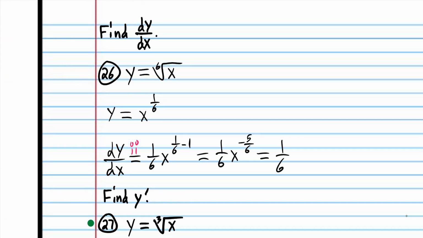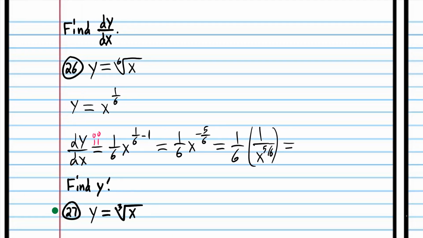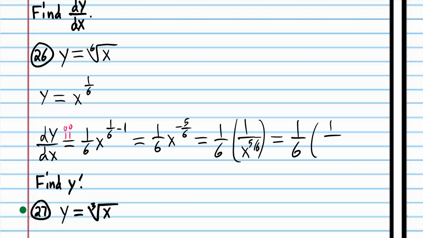And again, we have two problems. Our first problem is we have a negative exponent. So we'll deal with that with exponent rule number 8. And our second problem is we have a fraction exponent. We'll deal with that with exponent rule number 10. So number 10 tells us that that becomes the 6th root of x to the 5th power.